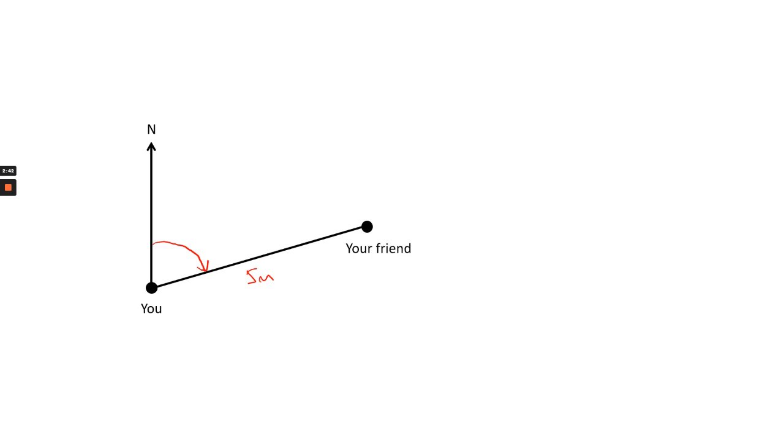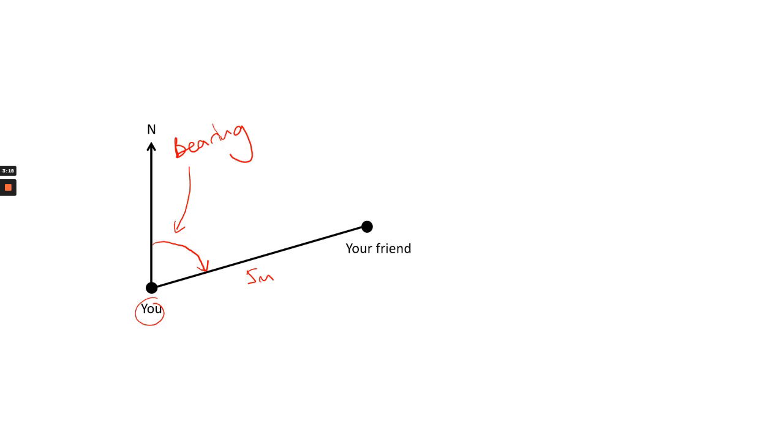So using this angle and using the distance, we can pinpoint exactly where something is in relation to you. And this is what a bearing does. This angle is the bearing. The bearing tells us the direction from you to something else, or from a point to something else. It's from this point to your friend.